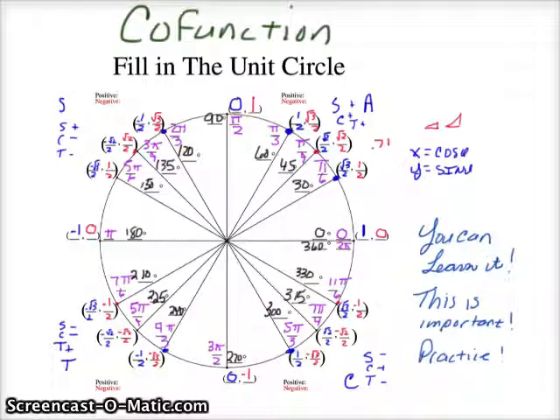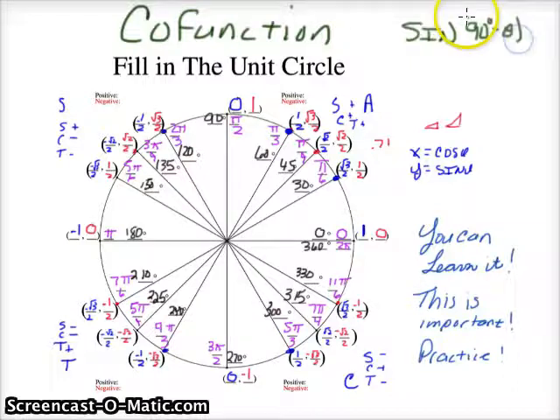Okay, folks, the next set of identities that we need to consider are cofunction. Let me just do a very brief example. Sine of 90 minus theta. Well, let's just say that theta is 30 degrees.